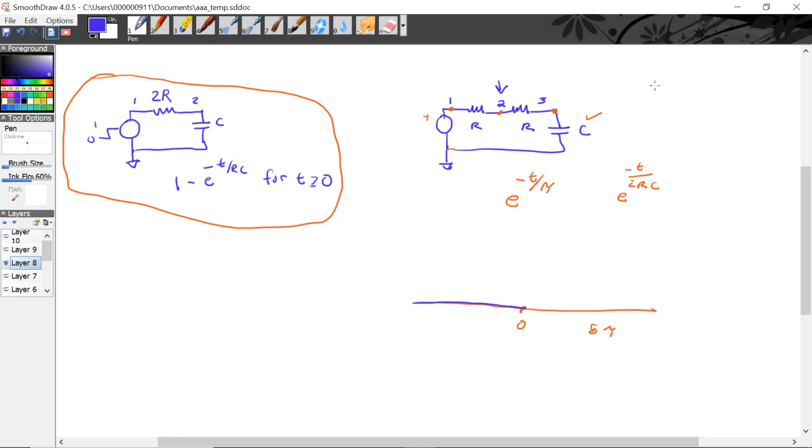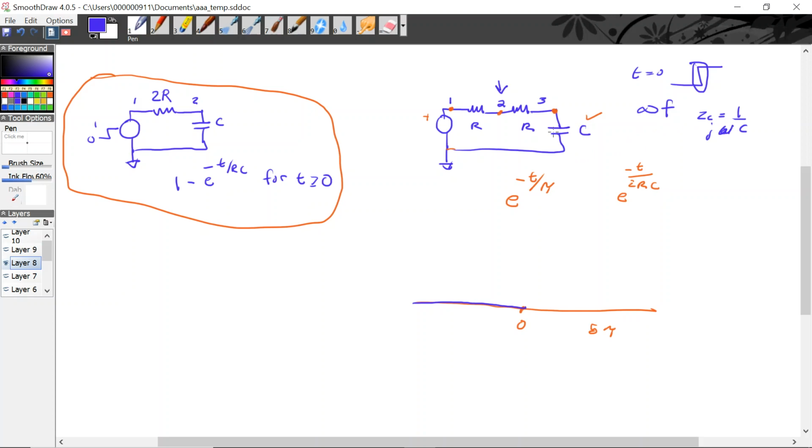At t equals 0, that's when the step occurs. That step can cause what you might call a high frequency signal, or even infinity. If I look at the impedance of a capacitor, 1 over j omega C, infinite frequency makes this capacitor a short to 0.